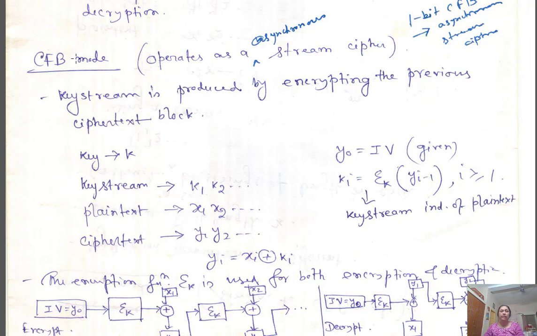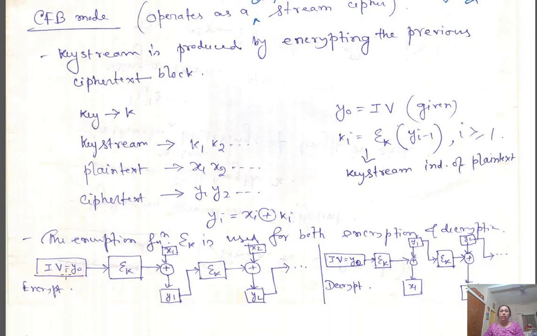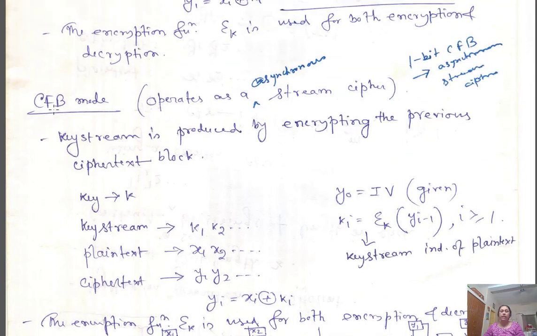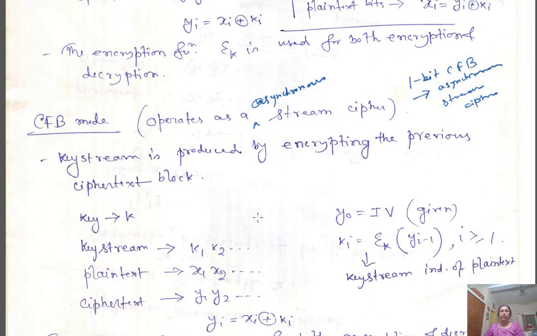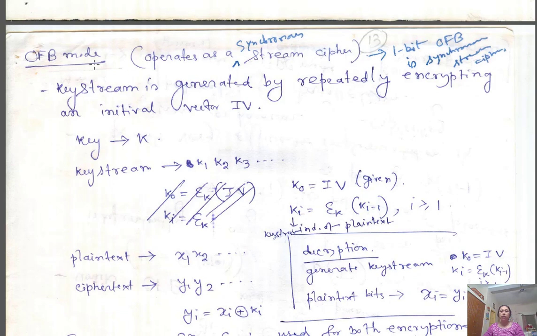That is why it is called ciphertext feedback mode. Whatever ciphertext you get is fed back here to get the key stream. Then XOR again, it is fed to the encryption algorithm and generates the next key stream. This is why it is called ciphertext feedback mode, and the other one is output feedback mode.